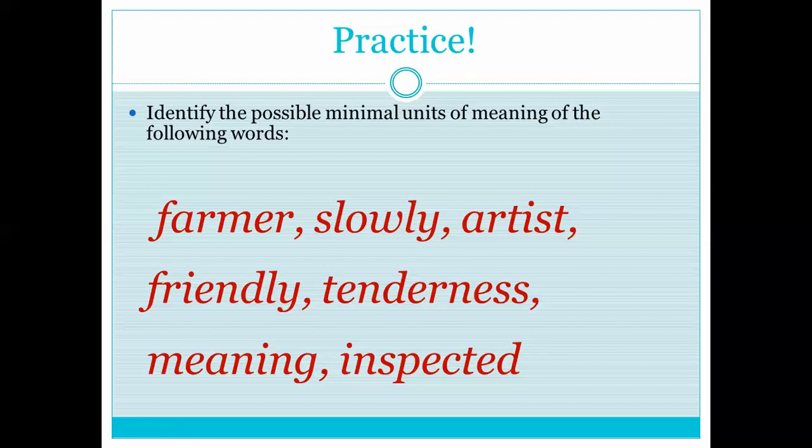Okay, so looking at these words here, the possible minimal units of meaning in the following words. I'd like you to think about identifying and breaking these words down first on your own.